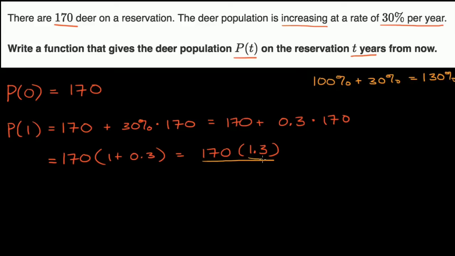Well, I almost made a mistake. It's 1.3. So here you go, 1 plus 0.3 is 1.3.